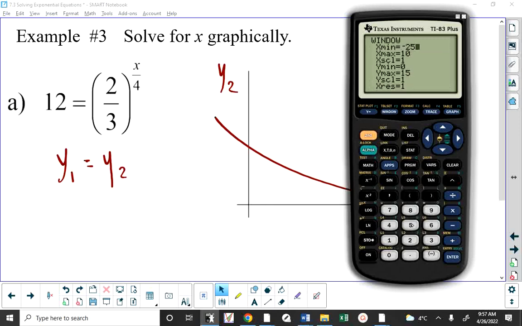That may not be enough. Oh, just barely. And that was just a fluke. I had no idea where it would be. Now I can go to my calculate menu, choose intersect, hit enter 3 times. With exponential functions, sometimes it takes a little bit longer. Anyway, we get about -24.5. That's the answer.